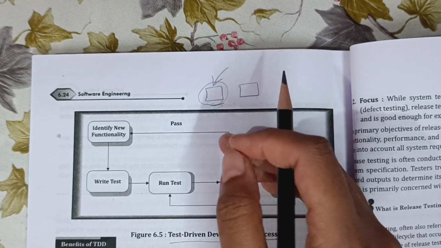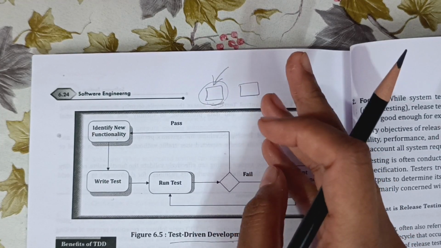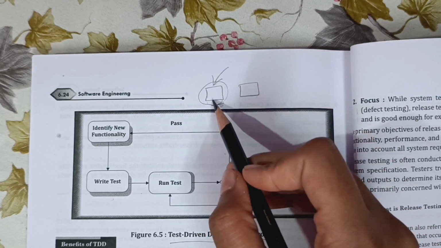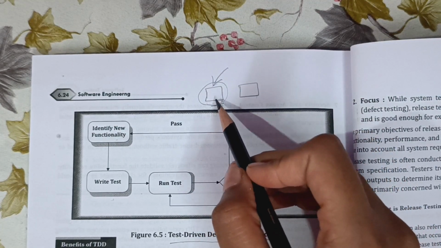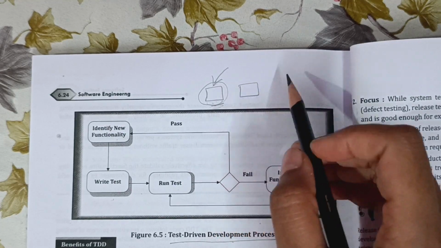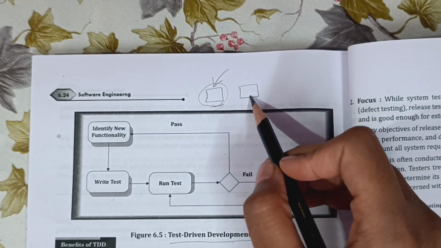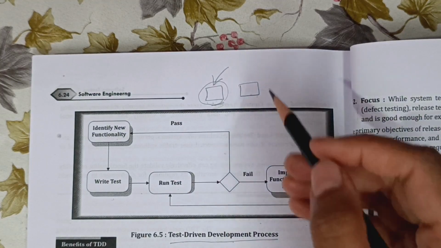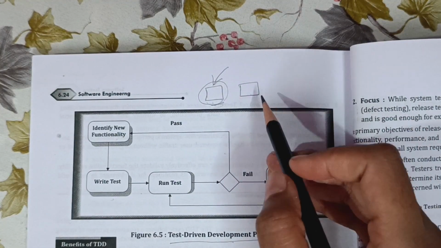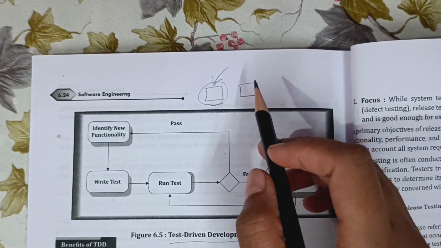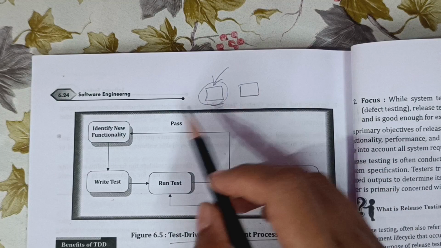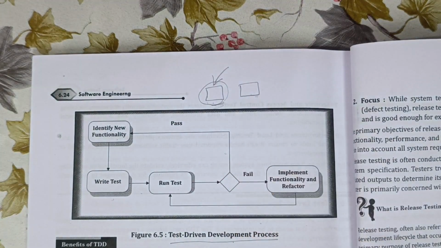A single piece of code can be a function, or arrays, or whatever it might be. Once this is successfully done, it will go to the next module. We will identify another functionality. Before implementing, we just identify it, write the test, and then run the test.